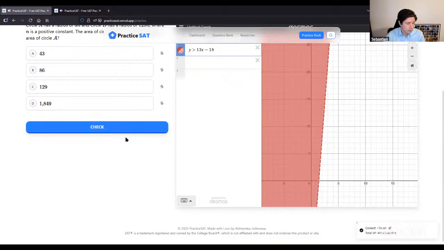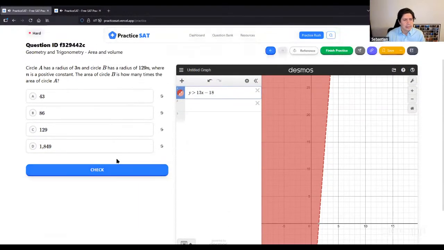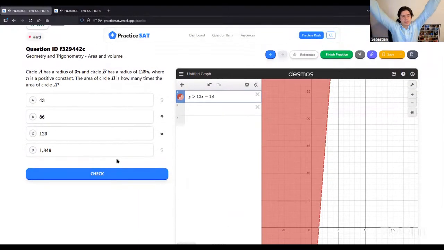Good thinking. Circle A has a radius of 3n. Circle B has a radius of 129n, where n is a positive constant. The area of circle B is how many times the area of circle A?